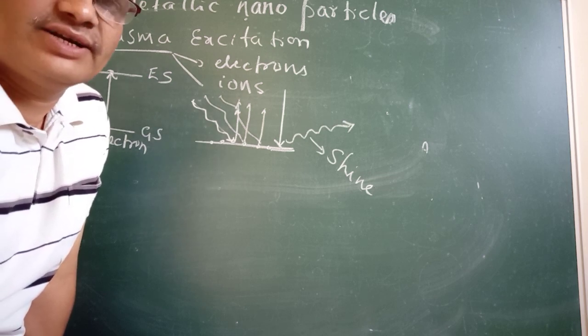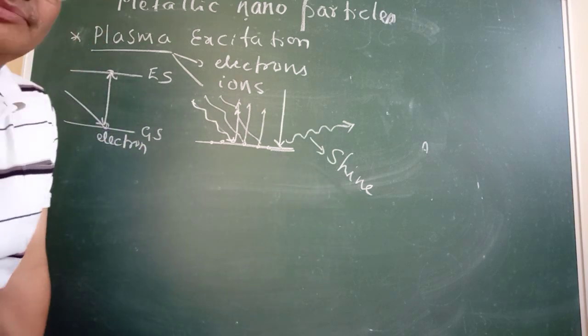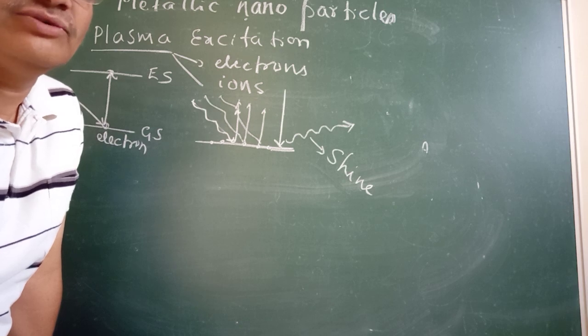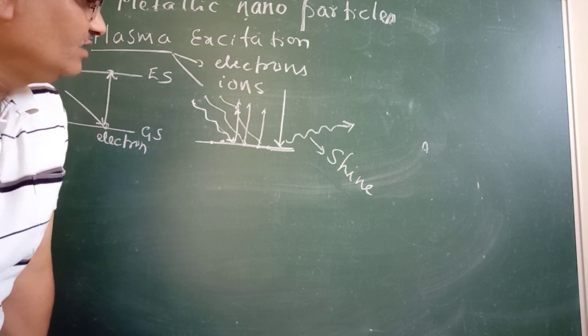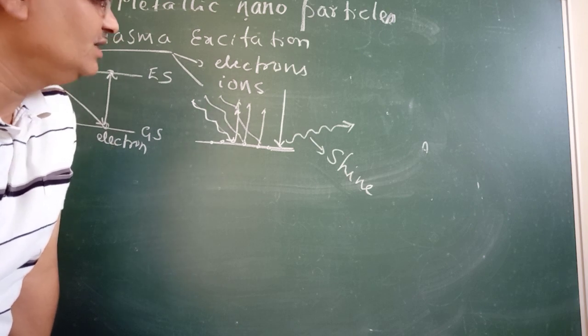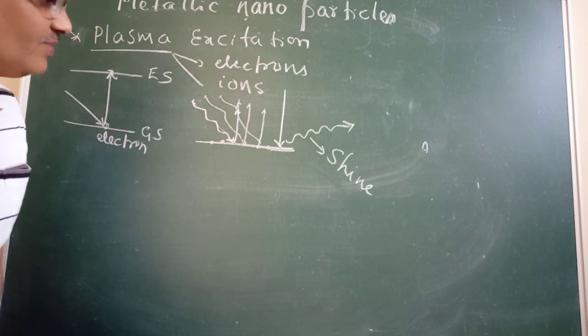Hence, unlike metals, semiconductors and insulators are not going to shine. Light may reflect, but here the shine is due to the emission of electromagnetic radiation.